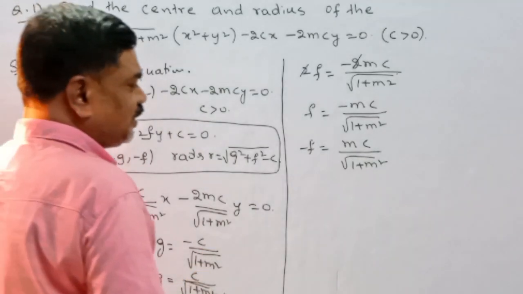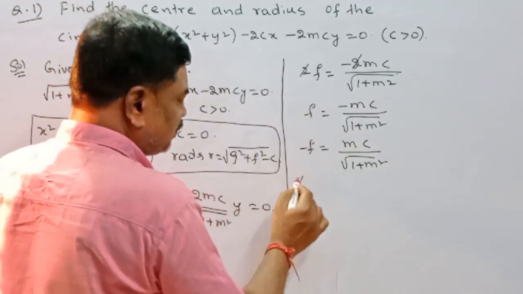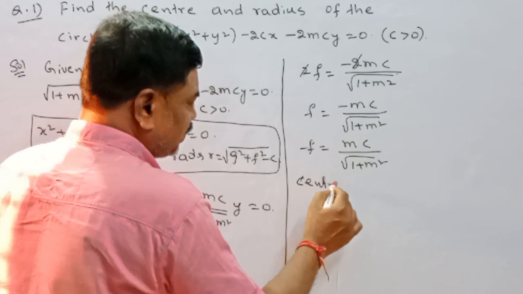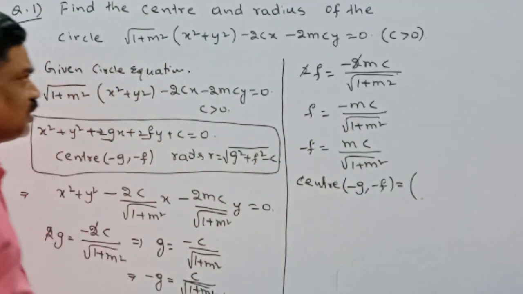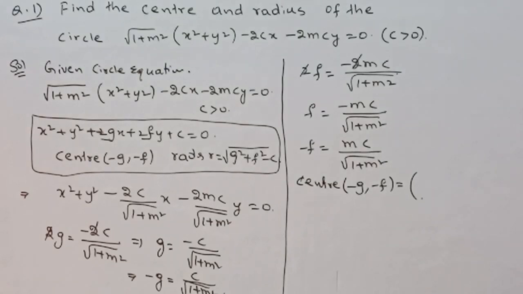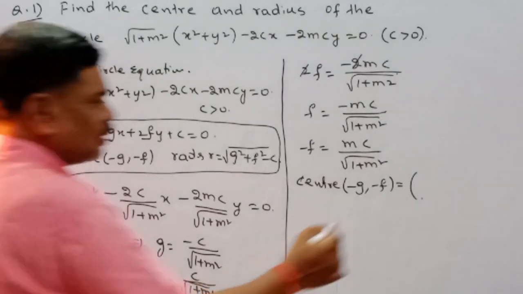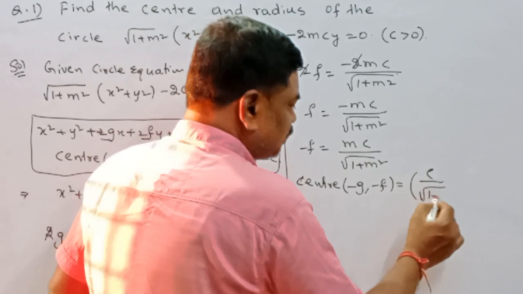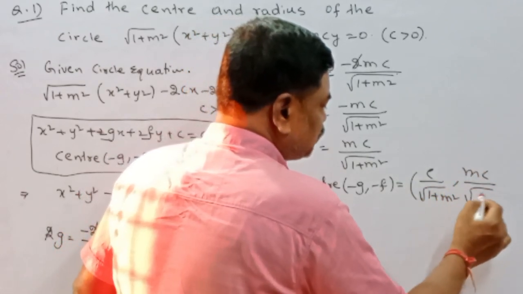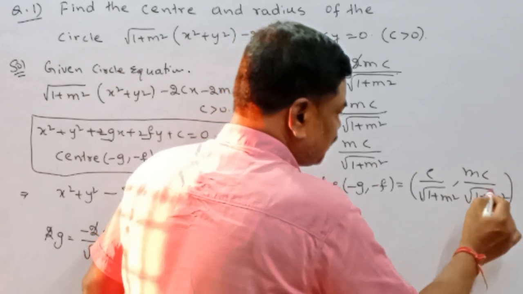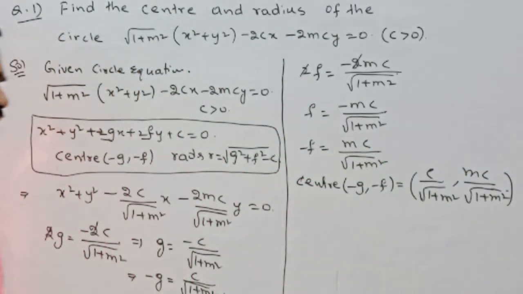Then the center of the circle, minus g comma minus f, is equal to c by root over 1 plus m square comma mc by root over 1 plus m square.